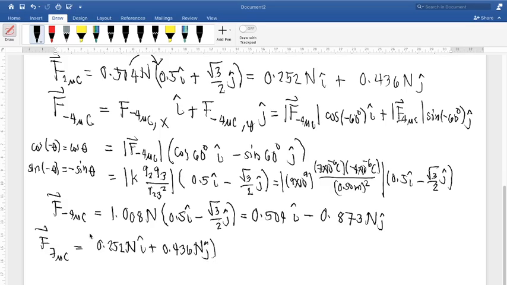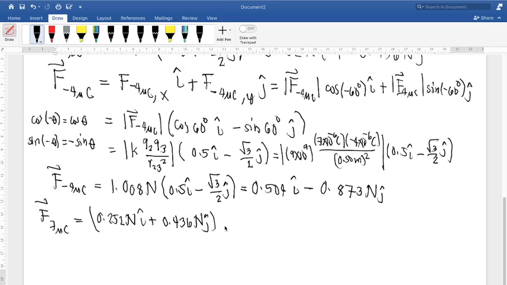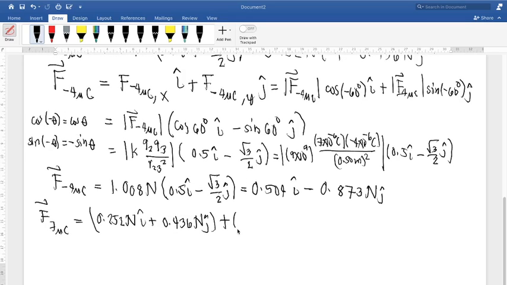So this is the force exerted by 2 microcoulomb. Then add this one to the force exerted by the negative 4 microcoulomb. This one. So we have 0.504 Newton i hat. I forgot the Newton here. Minus 0.873 Newton j hat.